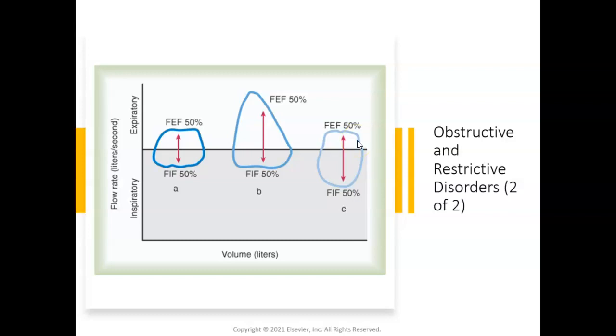If it's an obstruction that's outside the airway but compressing the airway, it's going to affect the inspiratory side. Hopefully that made sense. This is an example where it's affecting both inspiration and expiration. So if I had a vocal cord paralysis that is affecting inspiration and expiration, it might look like this.